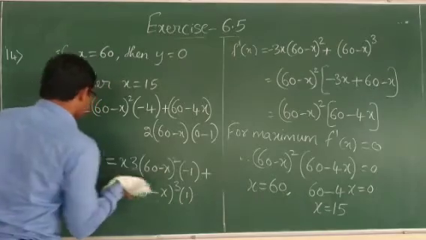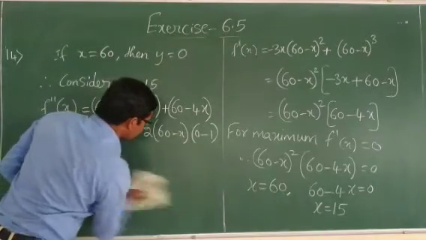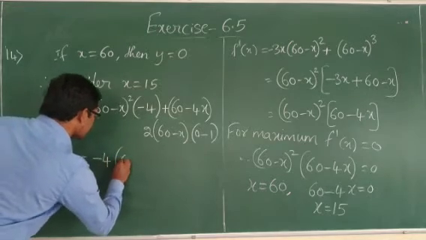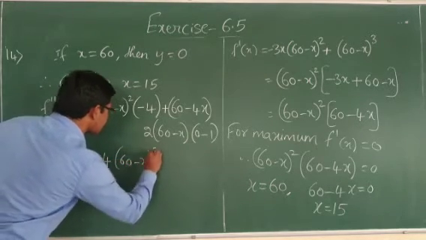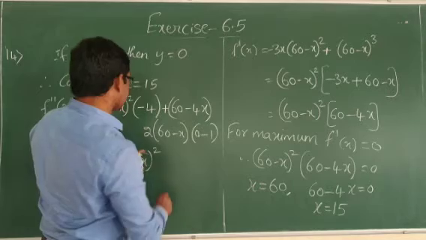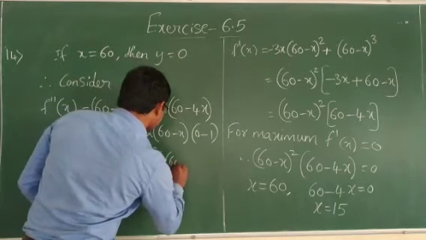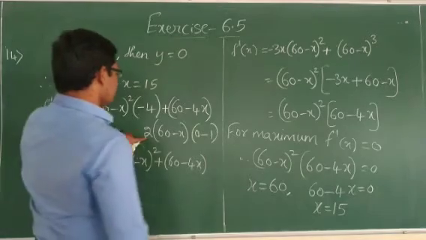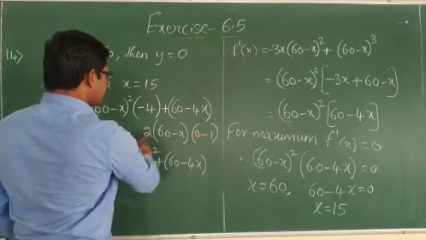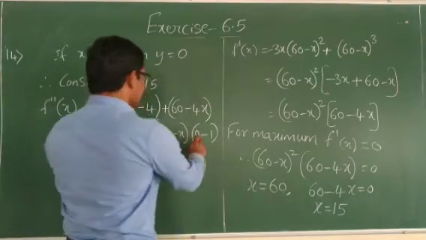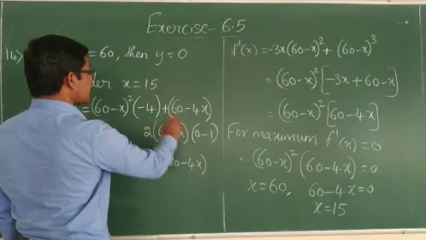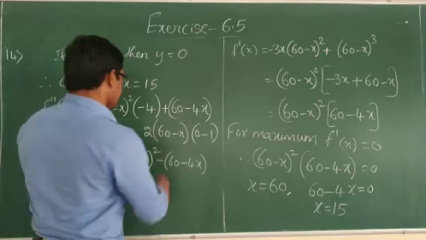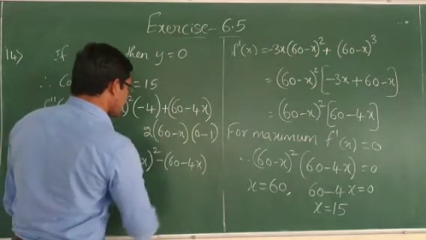Now you can see what is the second derivative we are getting. We get minus 4 into 60 minus x whole square plus 60 minus 4x. Here you get 0 minus 1 which is minus 1, so minus into plus, we get minus into 2 into 60 minus x.